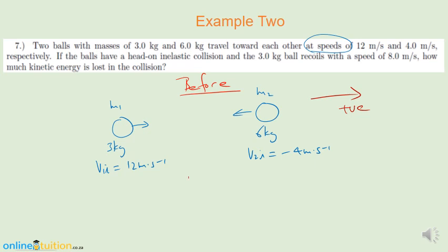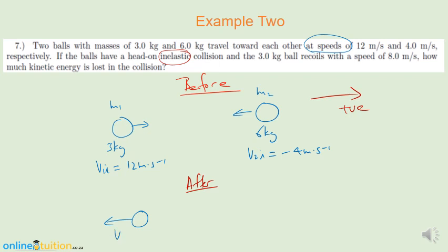So what happens after collision? After collision, it says that if the balls have a head-on inelastic collision and the 3 kg ball recoils with a speed of 8 meters per second, how much kinetic energy is lost in the collision? Oh my goodness, this is a beautiful question. So you've got a 3 kg ball and it's going to be moving in that direction with a speed of 8 meters per second.